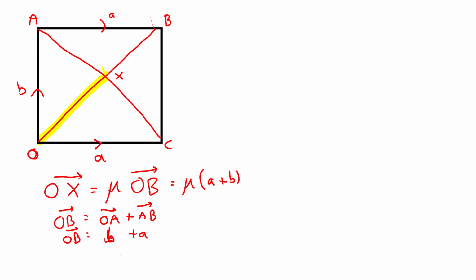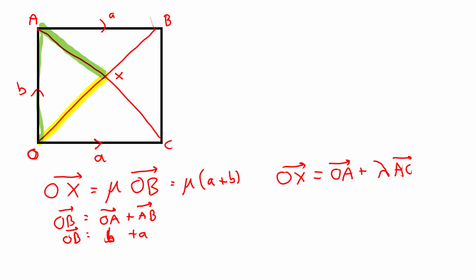Okay, what other route shall I use? How about let's go from O to A and then from A to X. So here I've got that OX is also OA plus some other amount. Now we are trying to prove that it's going to be half, but we don't know, so let's use another Greek letter. Let's use lambda, some amount of AC.